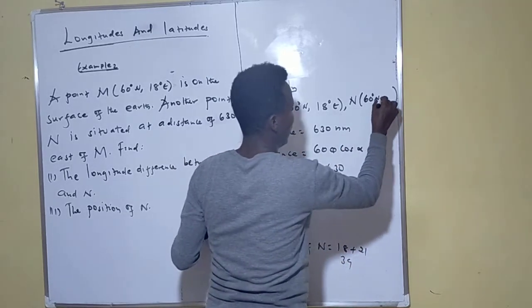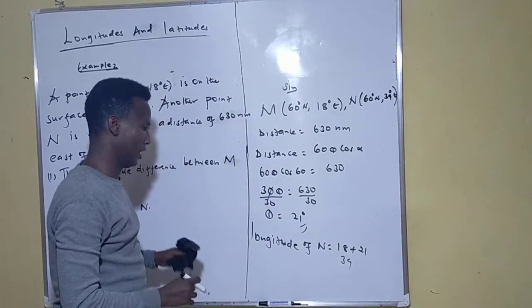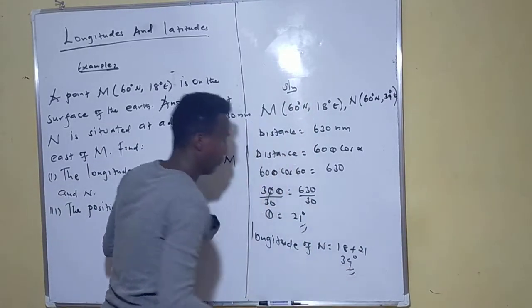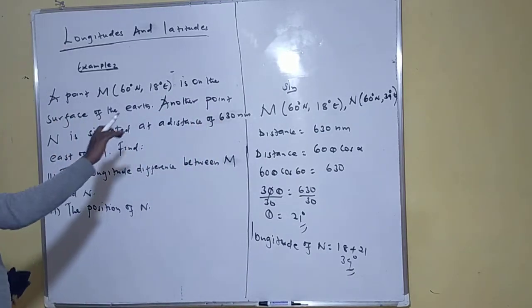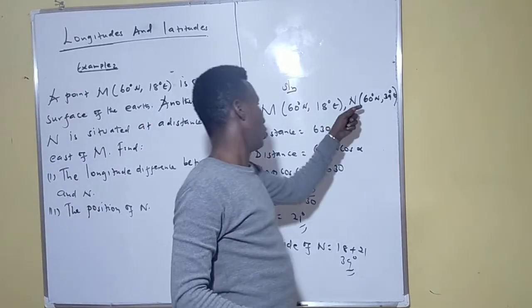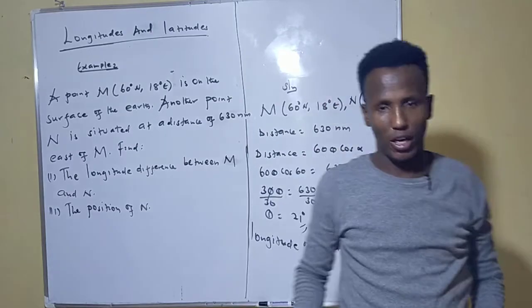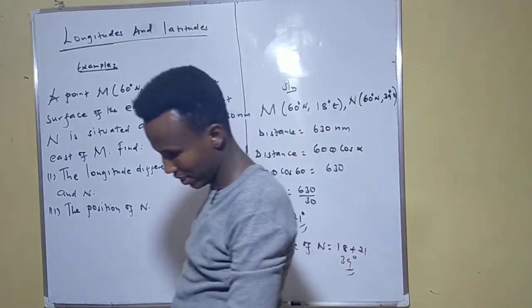So this will be 39 degree east, and that is the final answer. It's very easy because N is to the east of M, so the longitude difference you get, you add to M's longitude to get N's. Just understand.